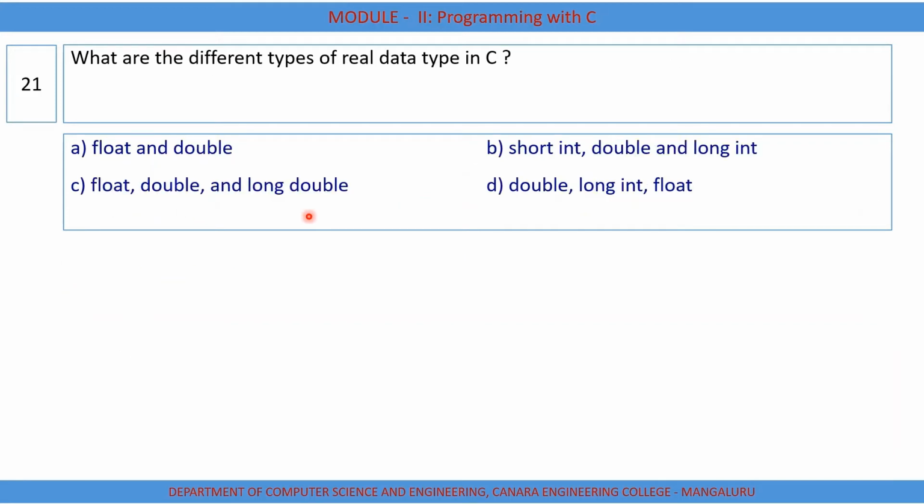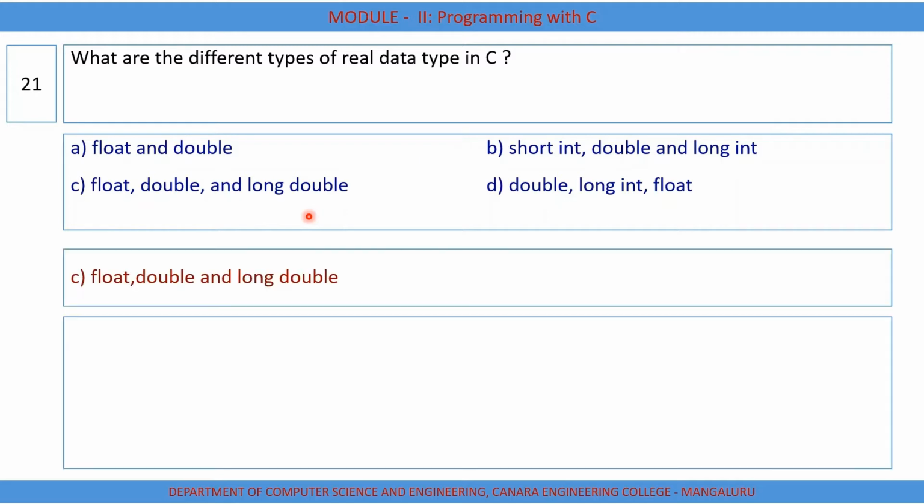What are the different types of real data types in C? Option A, float and double. B, short int, double and long int. C, float, double, long double. D, double, long int, float. So the correct answer here is float, double and long double, which are used to represent the real data types.